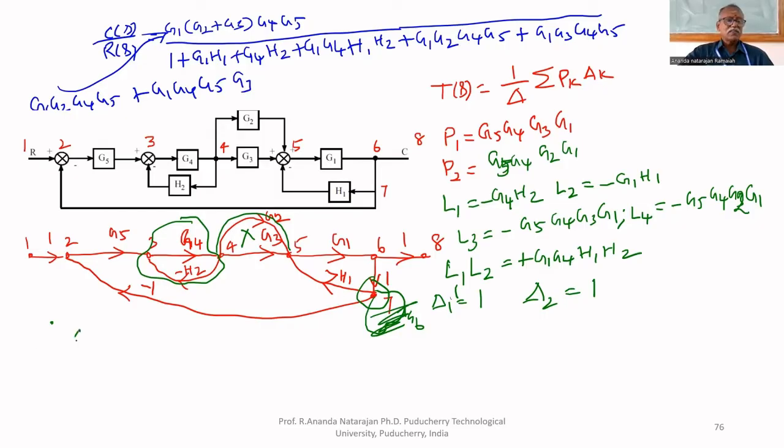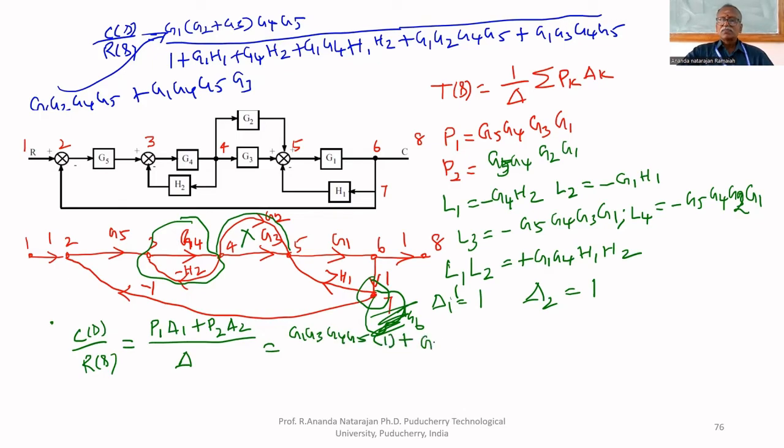Therefore, the transfer function C(s)/R(s) equals P1 delta 1 plus P2 delta 2 over delta. That's all. What is P1? P1 is G1, G3, G4, G5 multiplied by delta 1, that is 1, plus G1, G2, G4, G5 multiplied by 1, over delta.